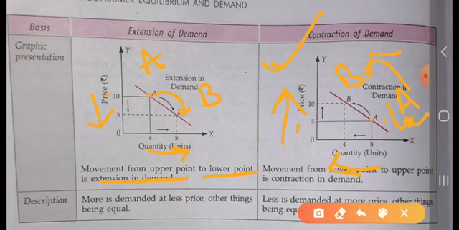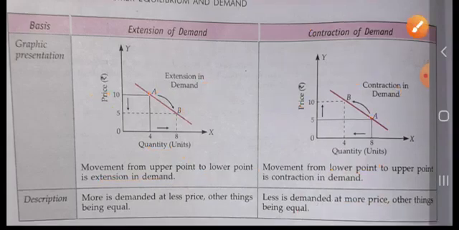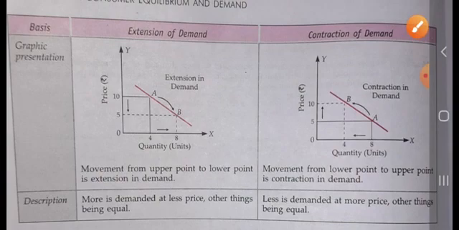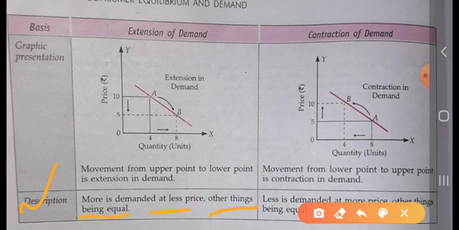It is called the contraction of demand. Description: more is demanded at less price, other things being equal. When the price is less, the consumer demands more of the commodity, and less is demanded at more price. When the price is more, the consumer demands less of the commodity, and we have taken the other things remaining constant. There will be no change in the other factors.